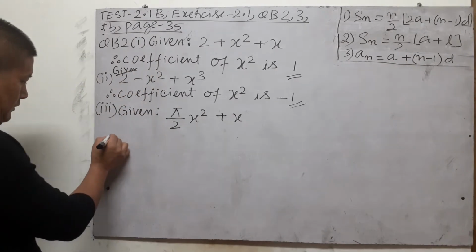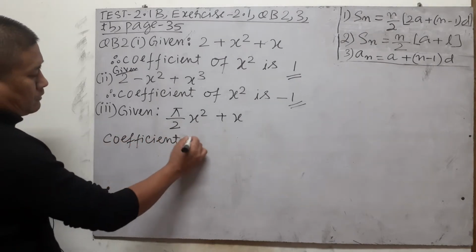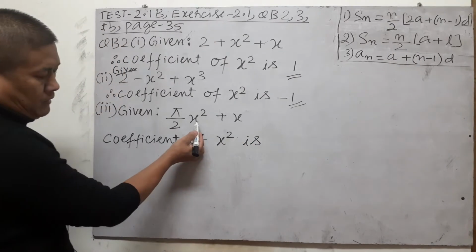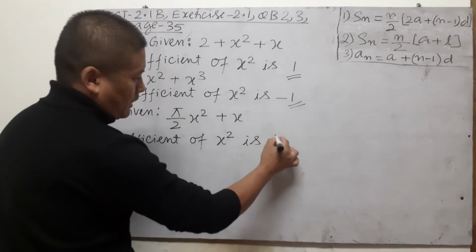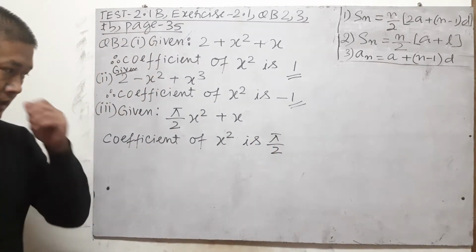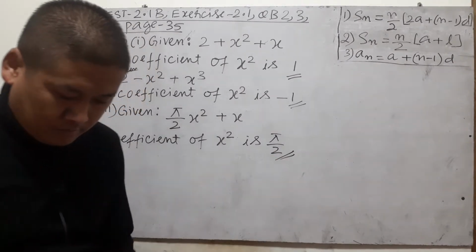So in this polynomial, the coefficient of x squared here is, in front of x squared, whatever it is, pi by 2. No sign written means we read it as plus, right? Plus pi by 2. So this is the third answer.